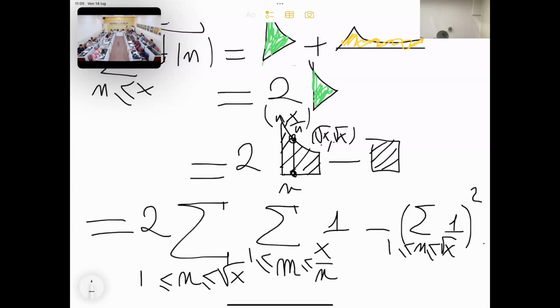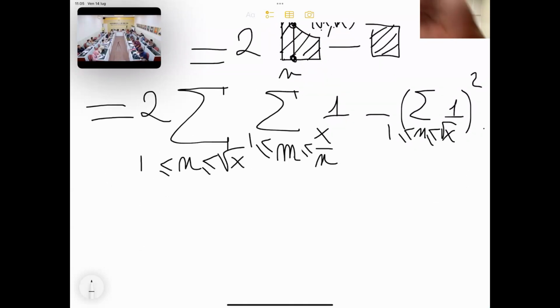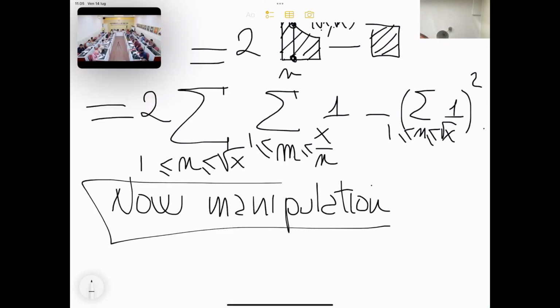Okay, so this is a way to write differently the average of the divisor function. And now here, I can do some manipulation. So how do I do the manipulation?